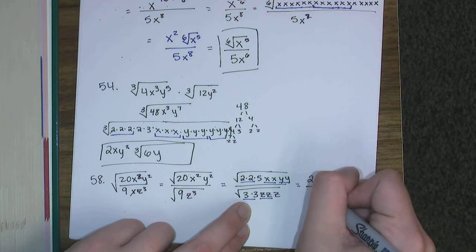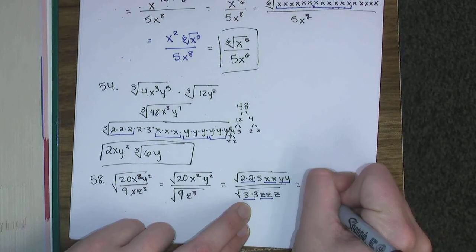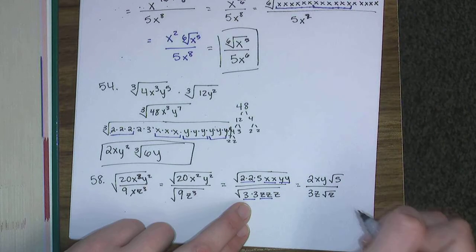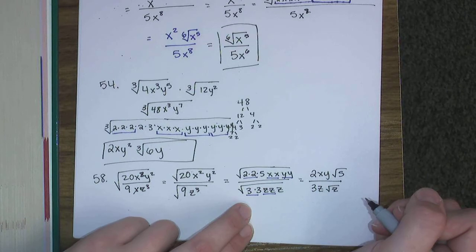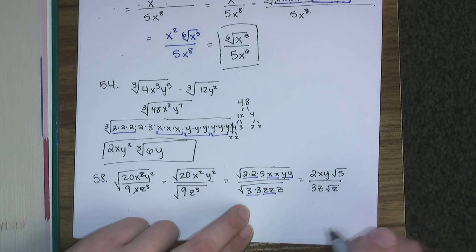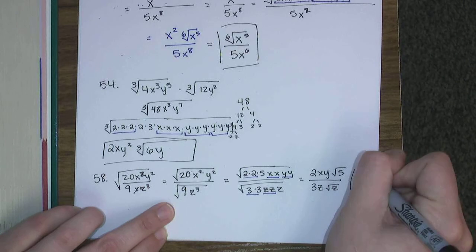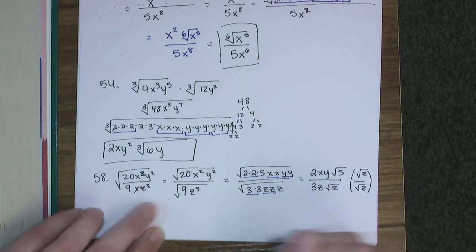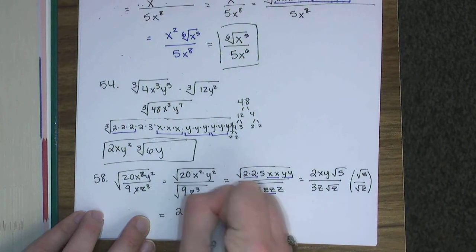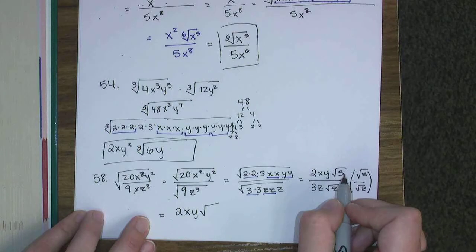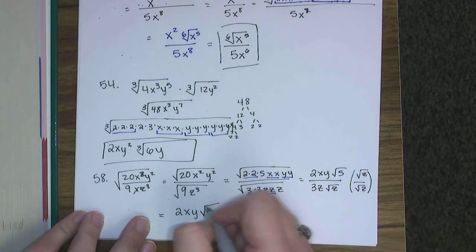So I have to multiply by the square root of z over the square root of z. So this is 2xy times the square root of, now I'm multiplying two square roots, so what's inside of them can be together, 5z, sorry, that does not look like a z, over 3z squared. That would be my final answer.